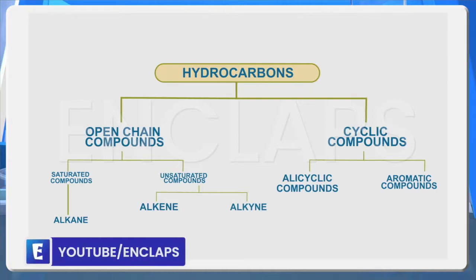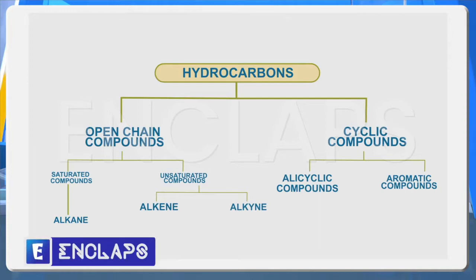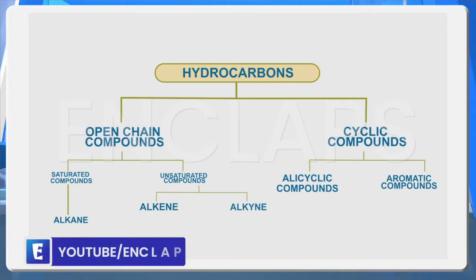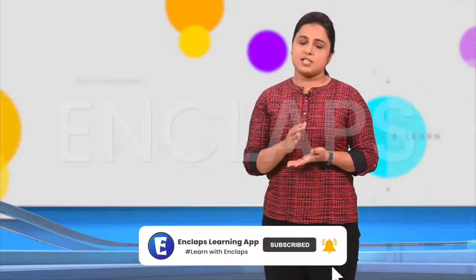Saturated hydrocarbons are alkanes. Unsaturated hydrocarbons can be further divided into two, alkenes and alkynes. Then closed chain hydrocarbons can be divided into two, alicyclic compounds and aromatic compounds. So this is about the classification of hydrocarbons.